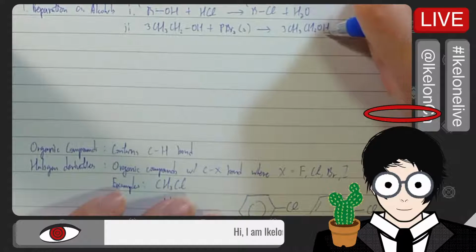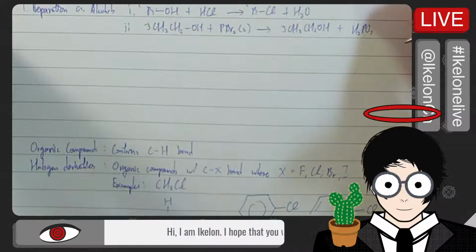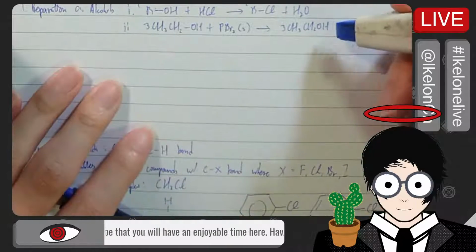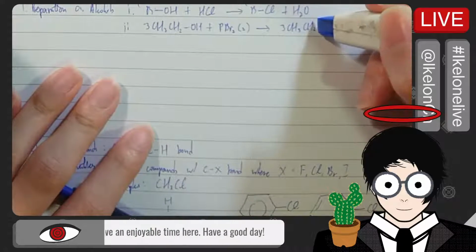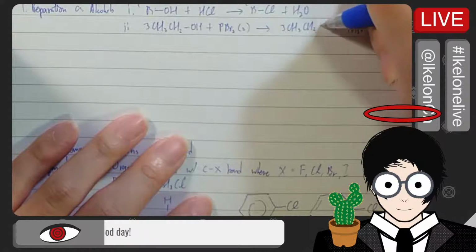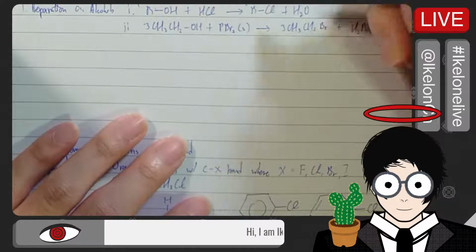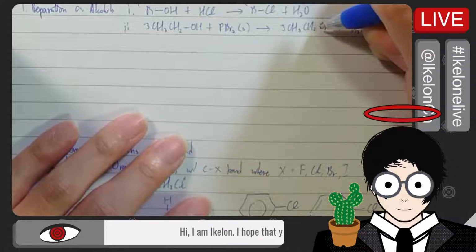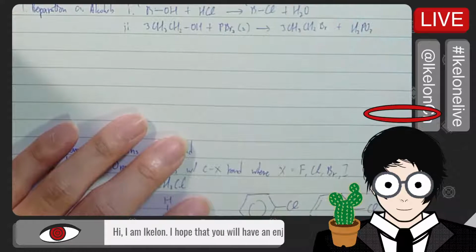Wait, this is wrong. Where's my correction tape? Here it is. Isn't it weird that you use an alcohol for the reaction and you still get an alcohol? Yeah, it's supposed to be Br. You get the halogen derivative here, same as here. So this is the second one.